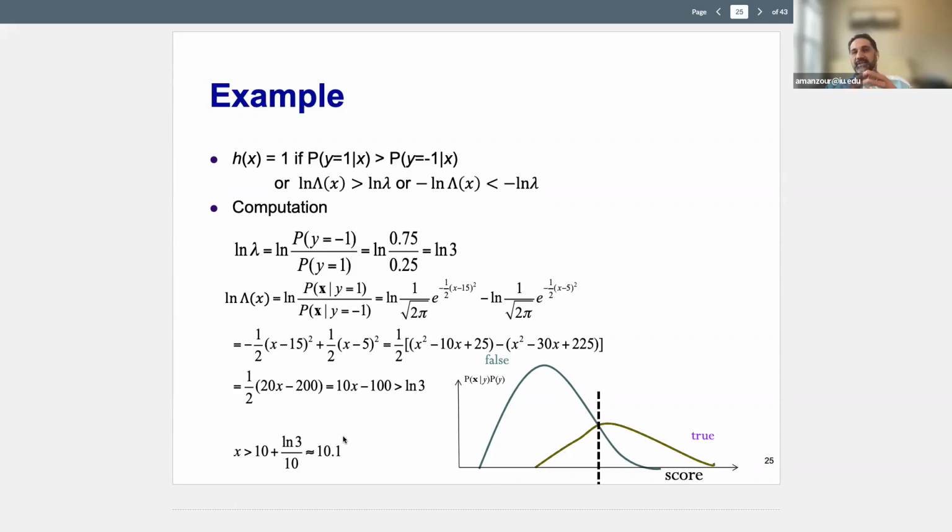What this means is that if I observe a score higher than 10.1, I should always classify the protein as known. I should always settle for Y equal to 1. And if I observe my score to be less than 10.1, I should always predict Y to be -1.